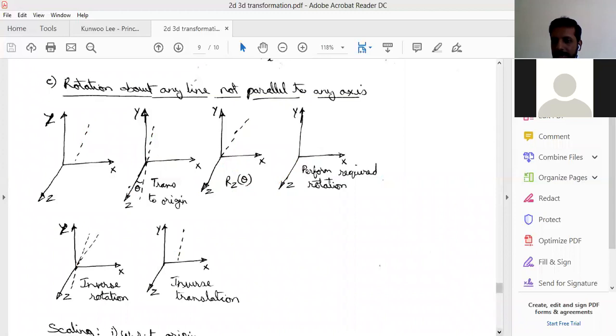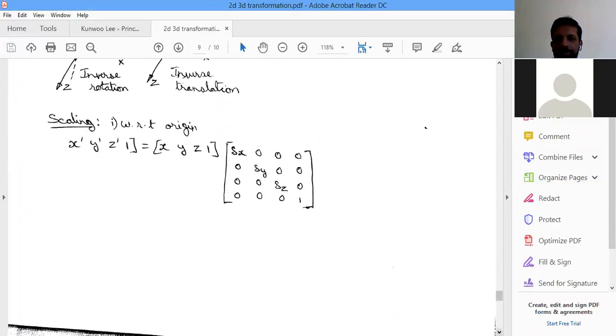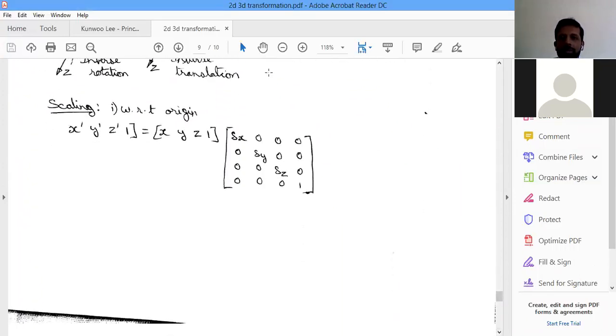So the next thing is scaling in three-dimensional form. Once again, say for example, we have our x, y, and z axis. We have to scale it with respect to the origin. So what should be the size of magnification at its origin in three-dimensional form?